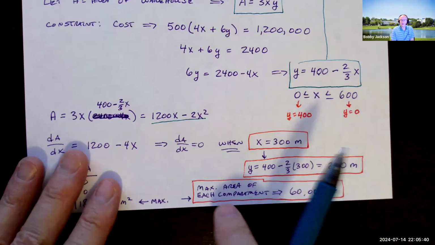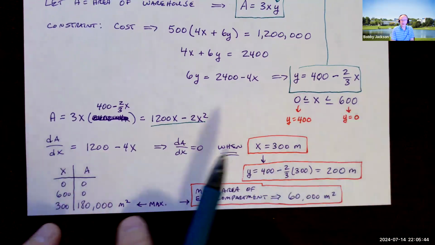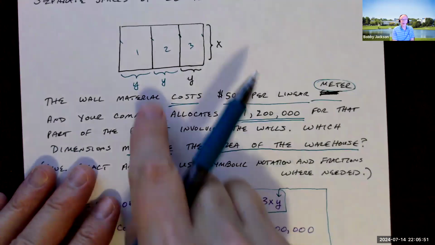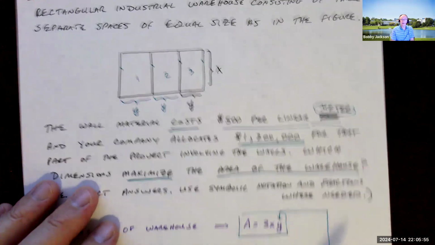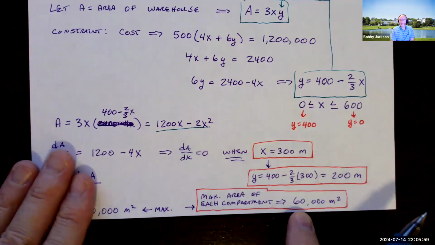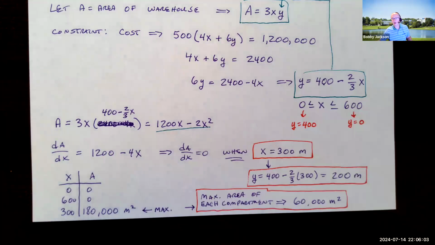And in that case, there was another question there. The maximum area of each compartment would be what? Well, the maximum area is 180,000 square meters. But remember, there are 3 different separate spaces, 3 different compartments, right? So divide 180,000 by 3, and you get 60,000. There's the area of each, the maximum area of each.